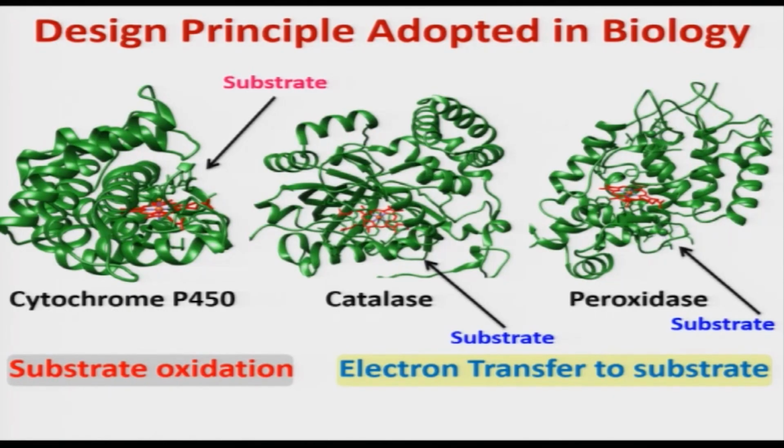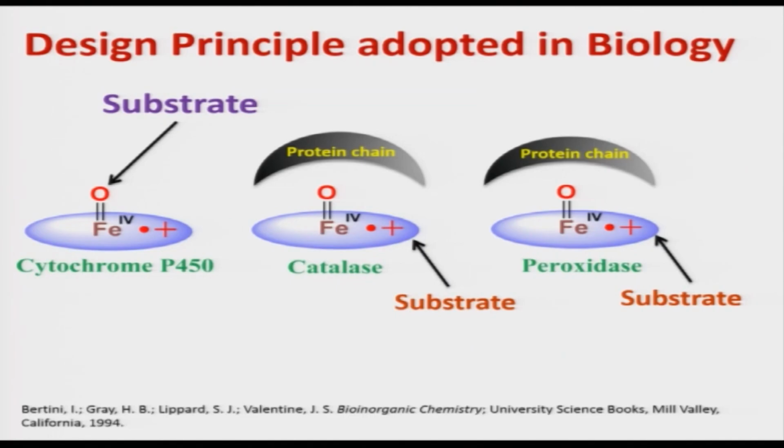With cytochrome P450, the substrate is jammed right up against the location where the oxo ligand must reside in the high valent oxo intermediate. But the same location in the peroxidase enzyme is blocked by the protein structure, so the substrate can interact only with the edge, which is displayed here.